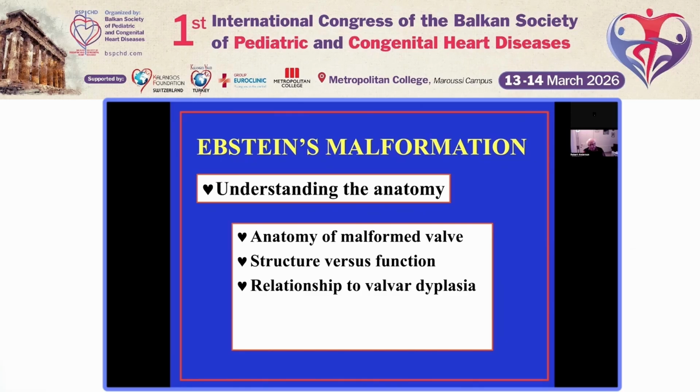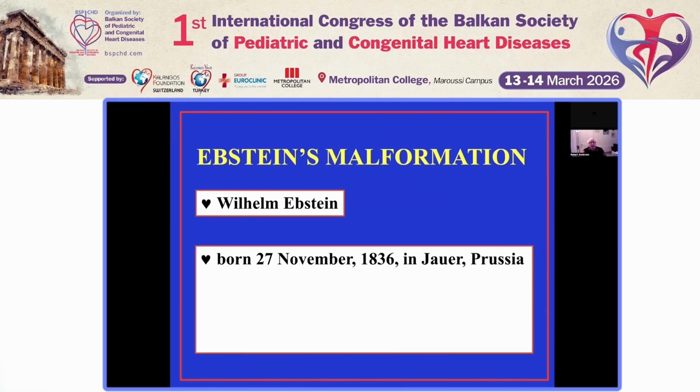We need to consider the relationship to the valvar dysplasia, and I'm going to introduce you again to abnormal segmental combinations. And we should remember that Ebstein's malformation can be associated with several other malformations. But it would be inappropriate if we didn't consider the malformation in the setting of Wilhelm Ebstein himself.